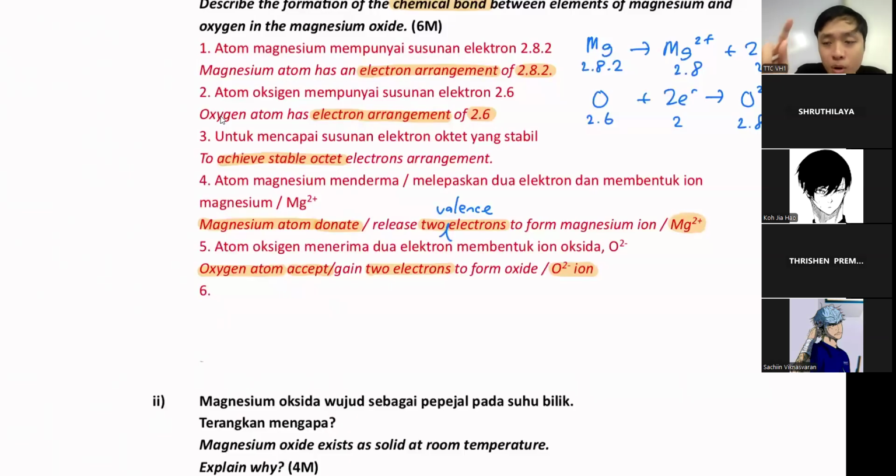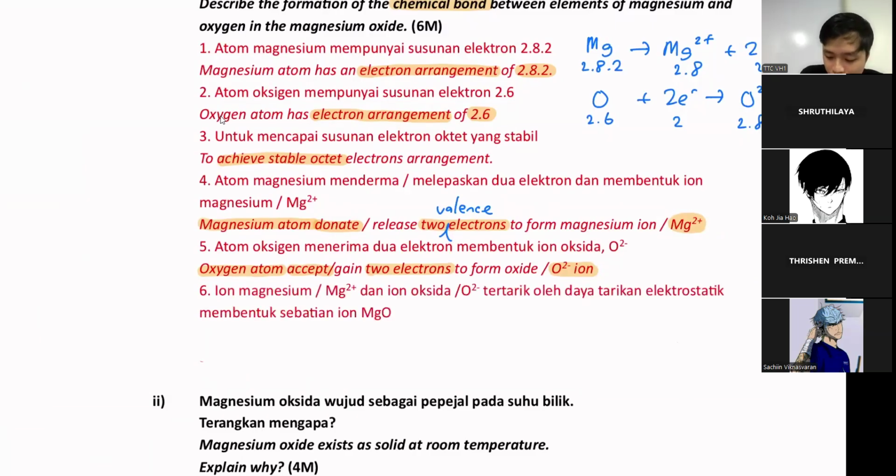Then the last point: because these two ions, one positive, one negative ion, they will attract each other. By what force? Important. That's the number 6 point: attracted by what force? The strong electrostatic attraction force.